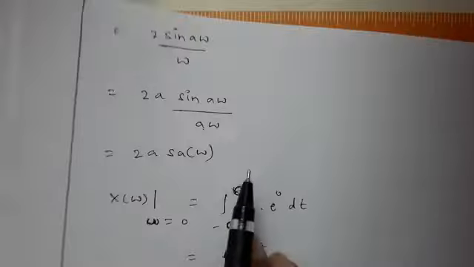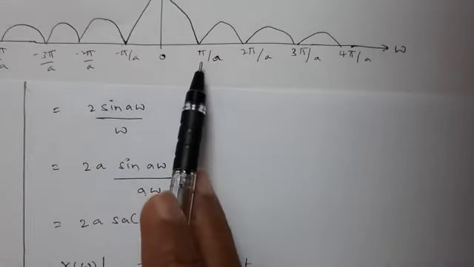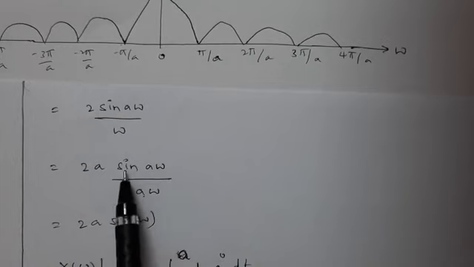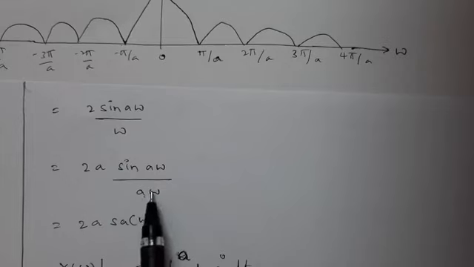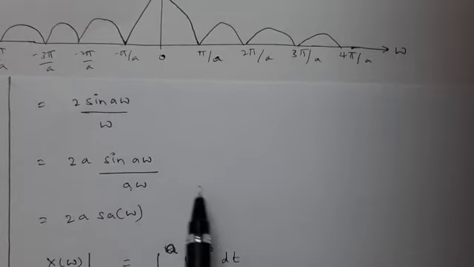Keep this reference. For pi by a, when I substitute omega equal to pi by a, I get sine pi by pi. Keep the calculator, sine pi is 0, so at pi by a it is 0.